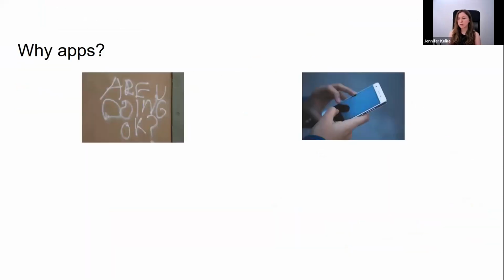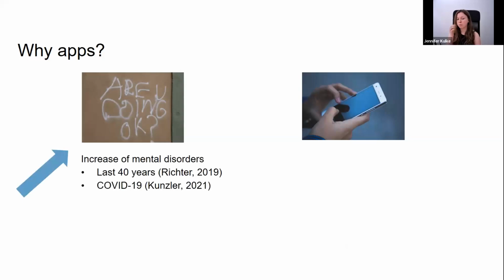First, as we all know, we experienced an increase of mental disorders during the last 40 years, and also due to COVID-19, the prevalence of mental disorders is still elevated.